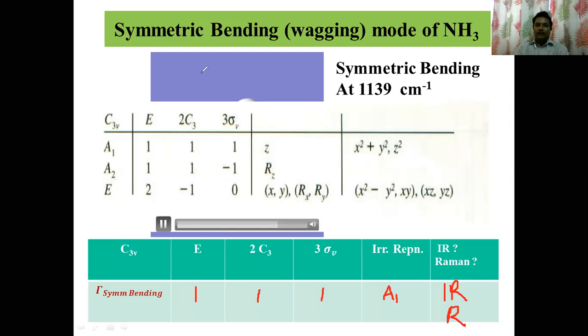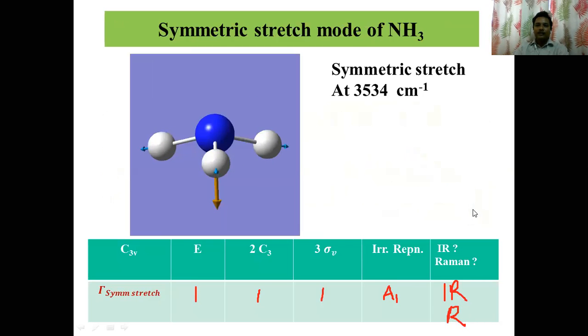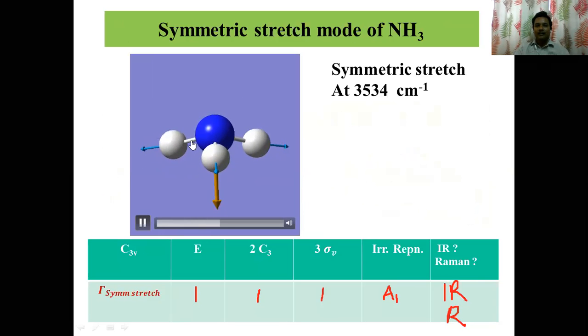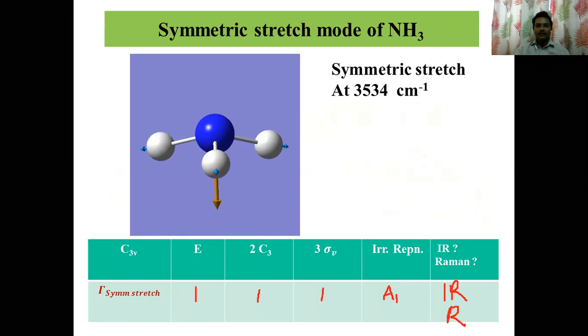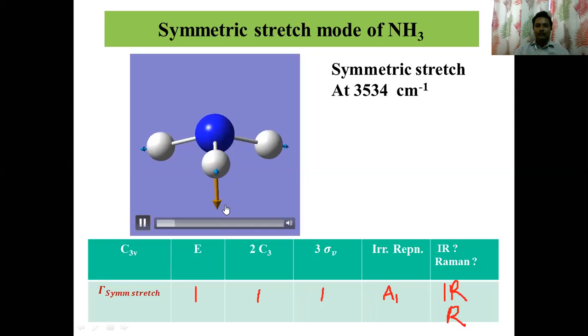Okay, so now we go for the symmetric stretch, right? So this is the symmetric stretch. You can think about how all these vectors are going to be connected. So the resultant one is going to be Q. So Q1 is going to be a linear combination of R1, R2 and R3 like this, right?